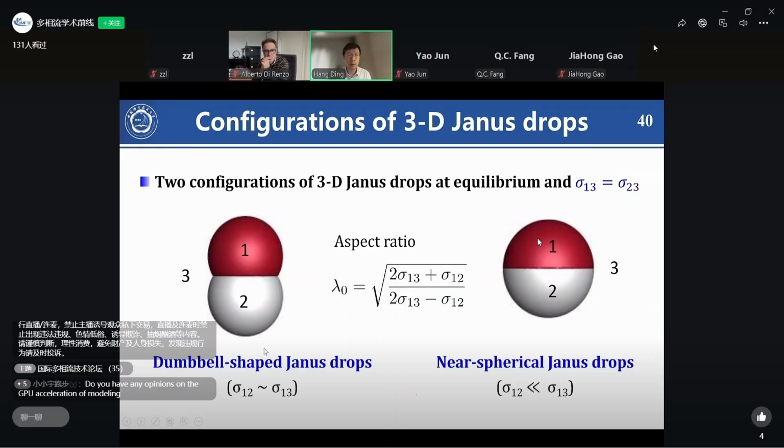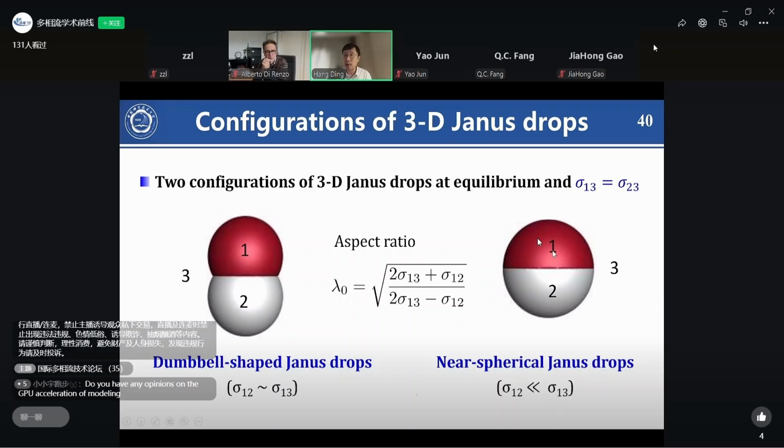One we call the dumbbell-shaped Janus droplet. That means the surface tension sigma 1,2 at this inner interface is approximately similar to the surface tension at the outer interface, sigma 1,3. Remember that sigma 2,3 equals sigma 1,3 in our numerical setup.